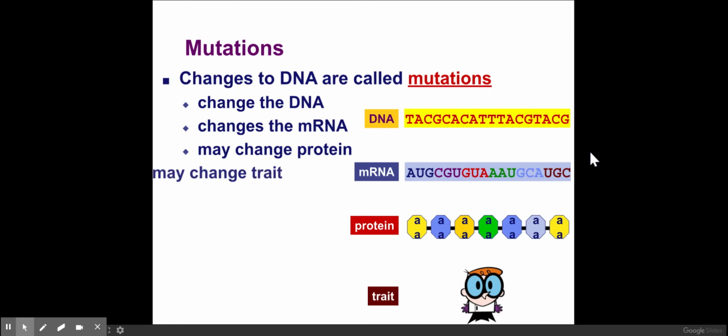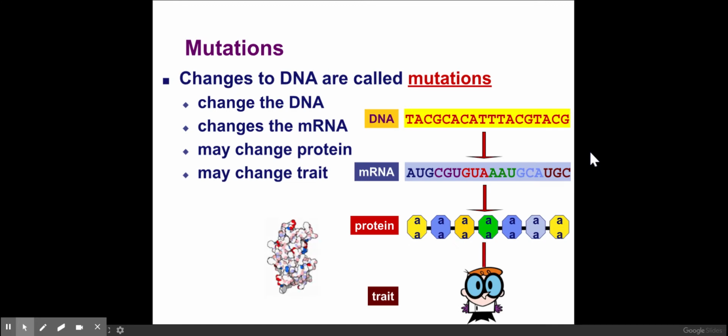And if you change that protein, it may change the trait that you see. And so understanding mutations is important because then it allows us to understand how a trait got changed. So again, DNA to messenger RNA to protein, protein to trait.